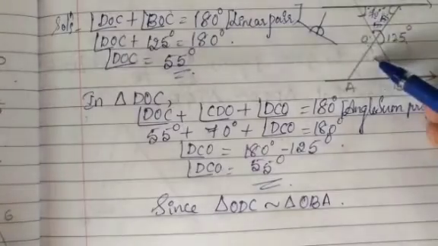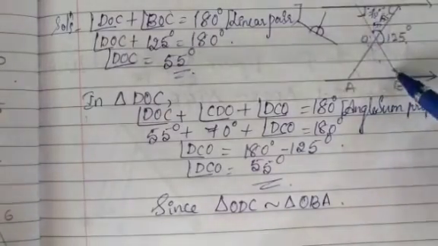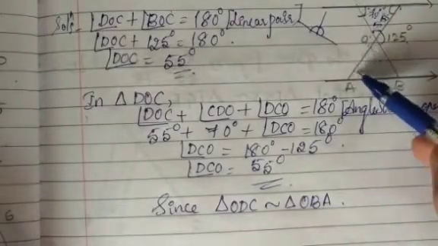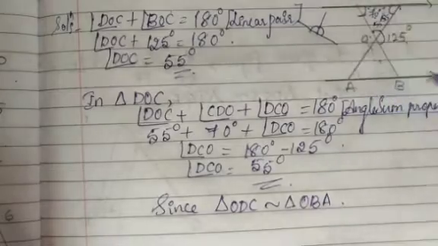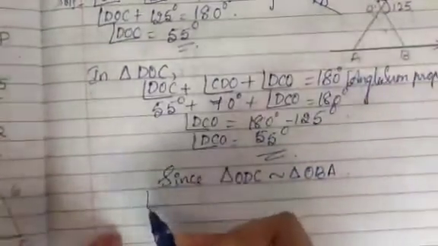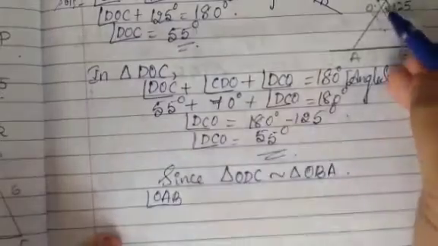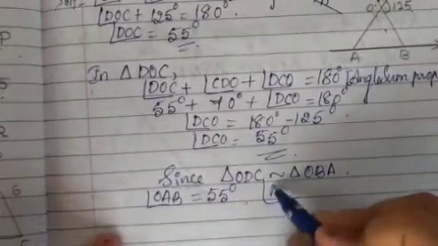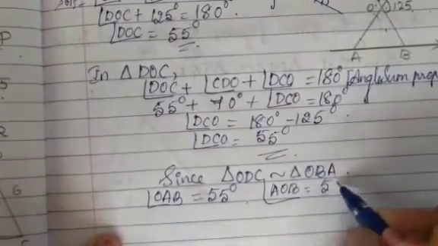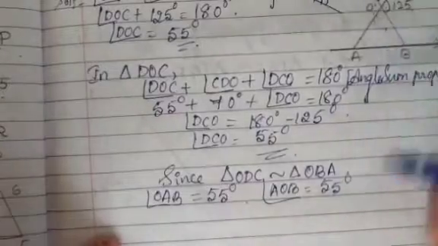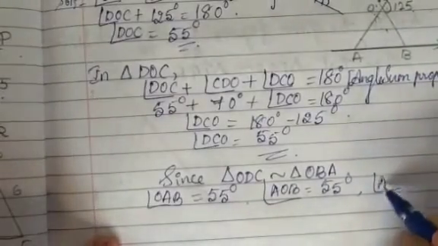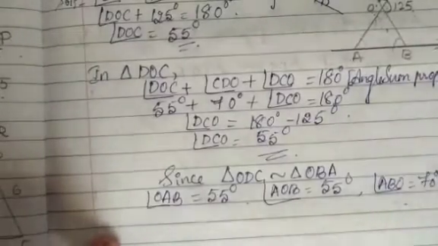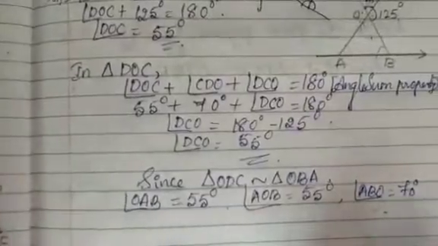In the same manner, if angle D is equal to 70 degrees, then angle B will also be 70 degrees here, and angle A corresponding to this one will also be 55 degrees. So angle OAB will be equal to 55 degrees, and AOB will be 55 degrees itself because these two are vertically opposite angles, and ABO will be 70 degrees because these two are similar, so their corresponding angles are also equal.